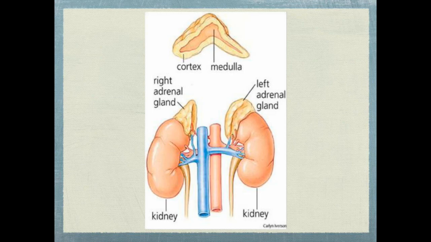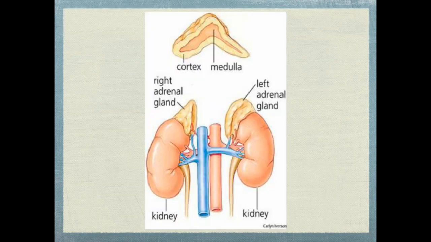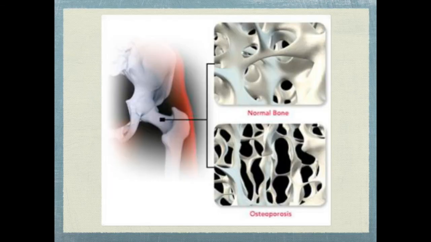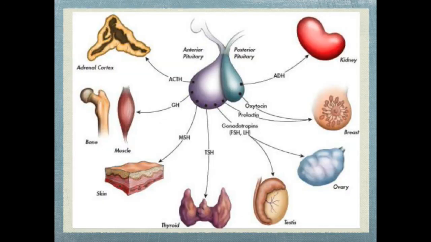Adrenal glands. You know what? I'm going to skip over. Oh, shoot. I thought I had a diagram of all the different hormones. Did I give that to you today? Was that in the review sheet I gave you today?